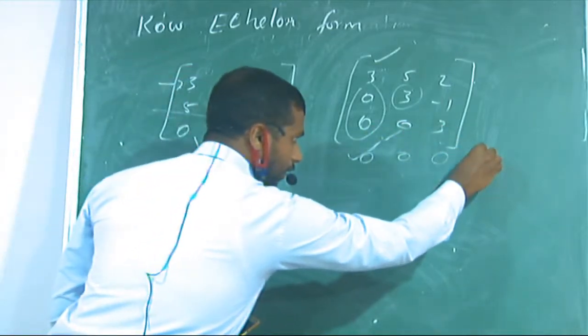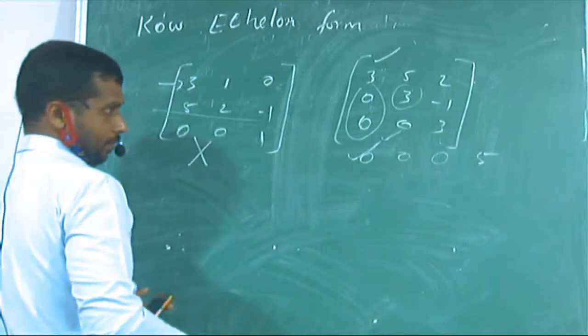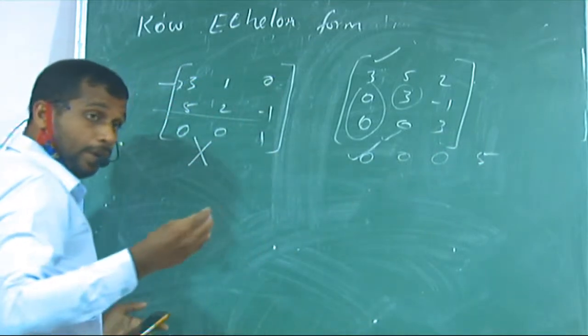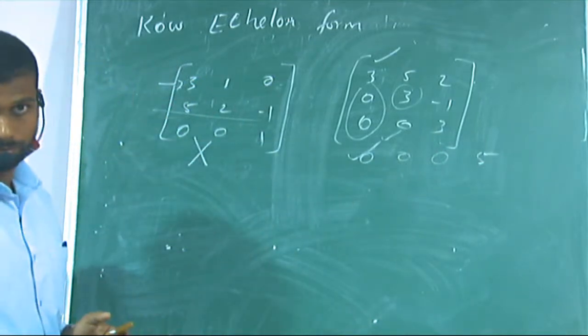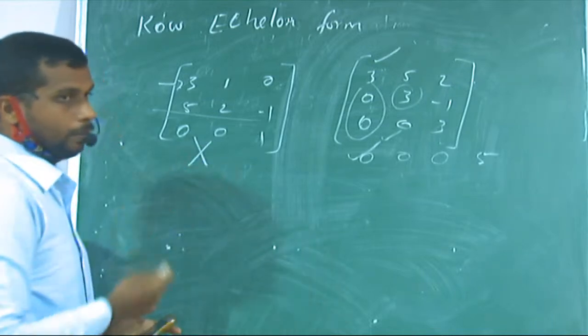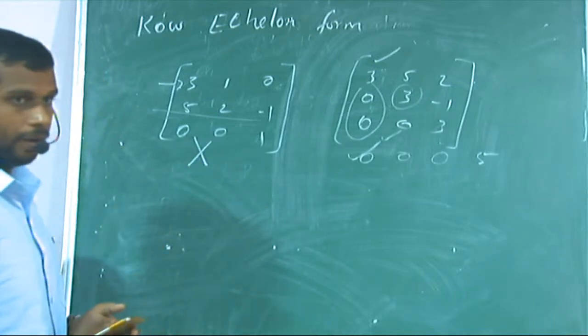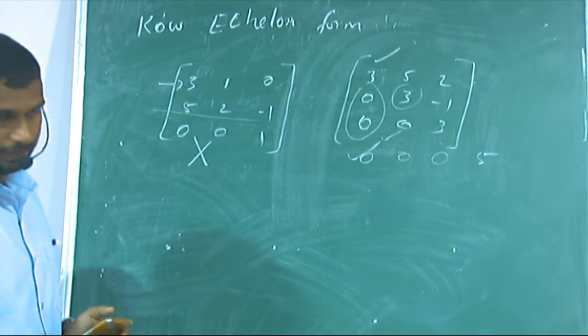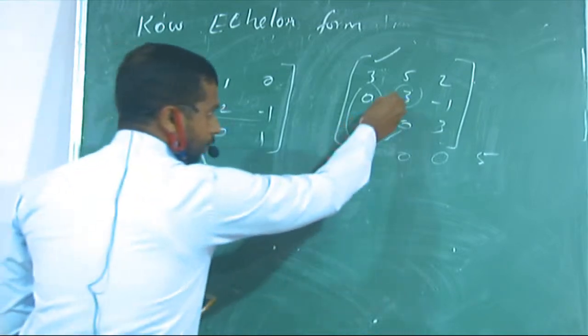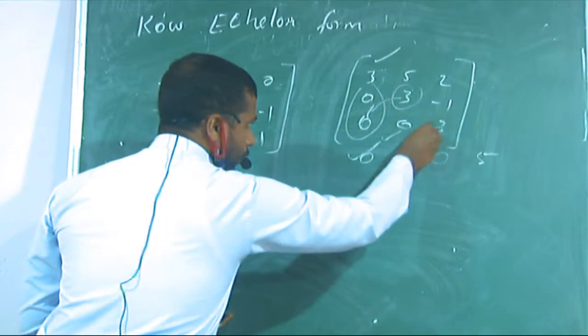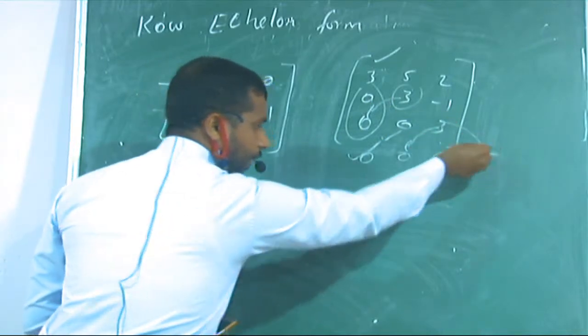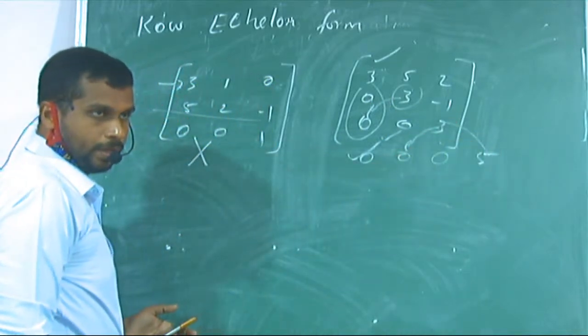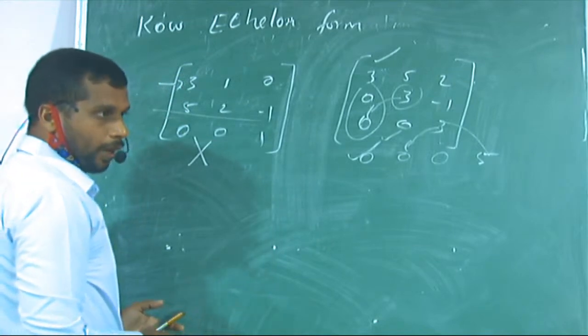On the right side only we can write any non-zero digit. If there is a 1 mark question, you have to be clear about how to identify the row echelon form concept. Each and every time the left side will be 0 terms. On the right side we can write any non-zero digit. That is one of the important concepts in row echelon form.